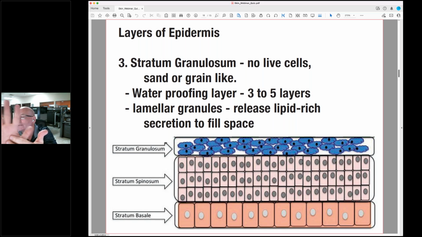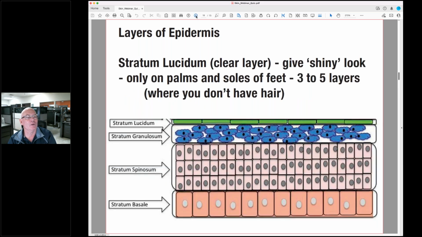For the people that answered corneum, hopefully that makes sense. Just for the palms of the hands and the soles of the feet, we have stratum lucidum. I'm sure I've tripped and fallen and brought my hands down and scraped them, and am so thankful for that extra layer of skin, because it didn't go past the epidermis.